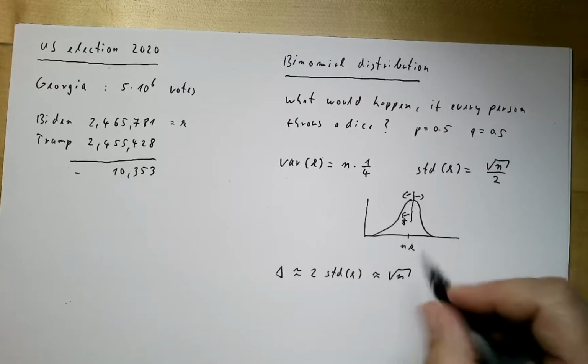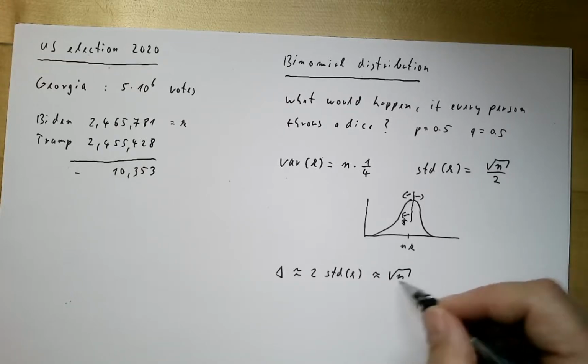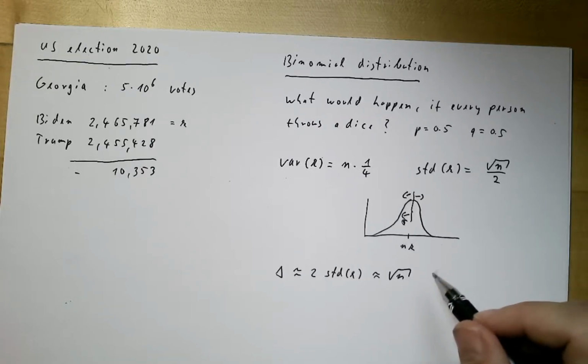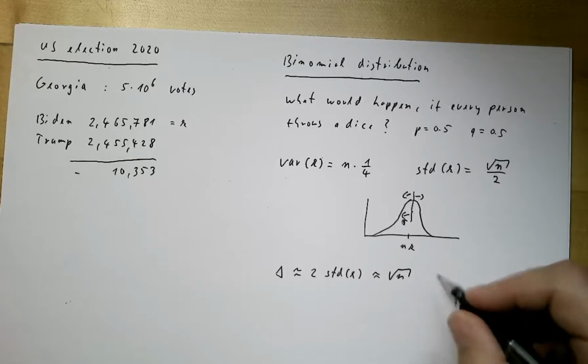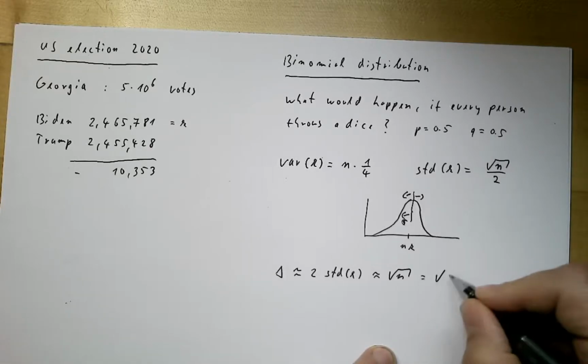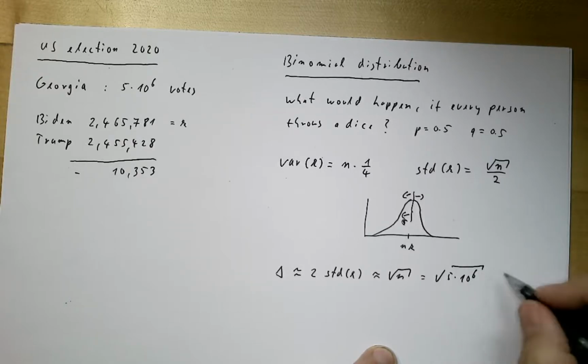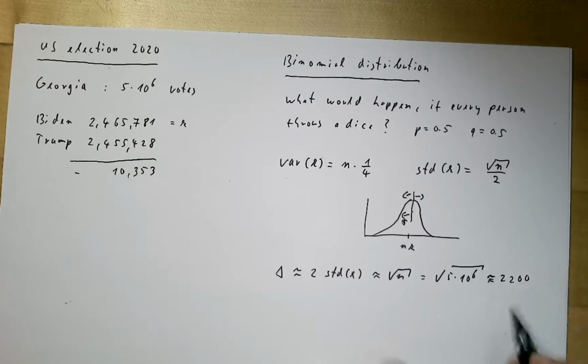Now what is this? If you have 5 million people and you take the square root of 5 to the power of 6, we get 2,200, something like this.